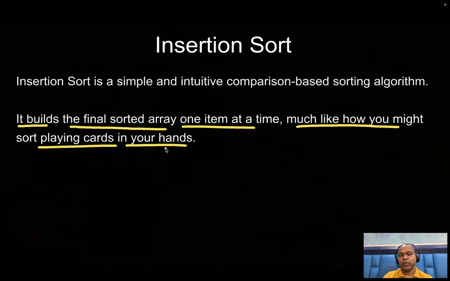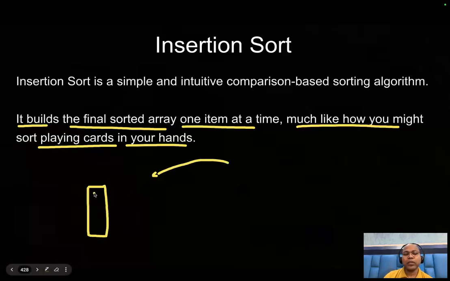Whenever you have seen people playing cards, you receive a couple of cards in your hand and you arrange them in a particular order. Whenever you receive a card, you take one card first, and then you take another card. Then you decide whether this card goes to the left or to the right. Let's say this card goes to the left.